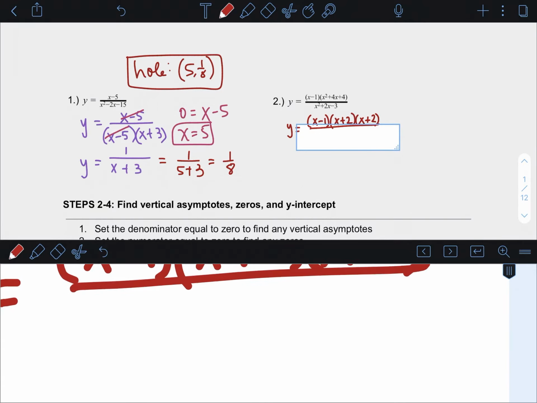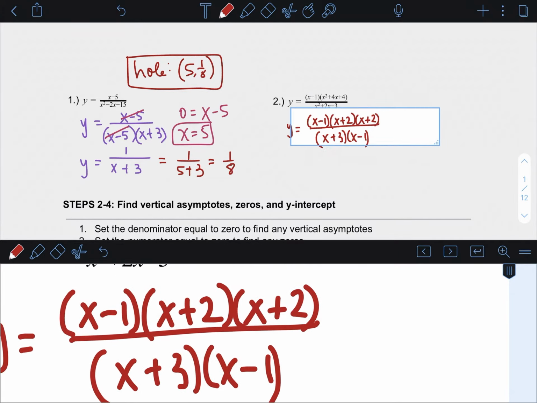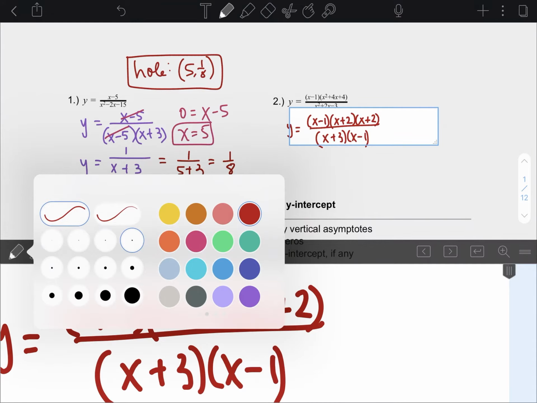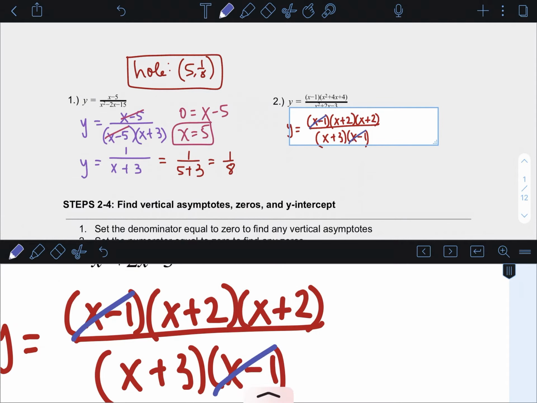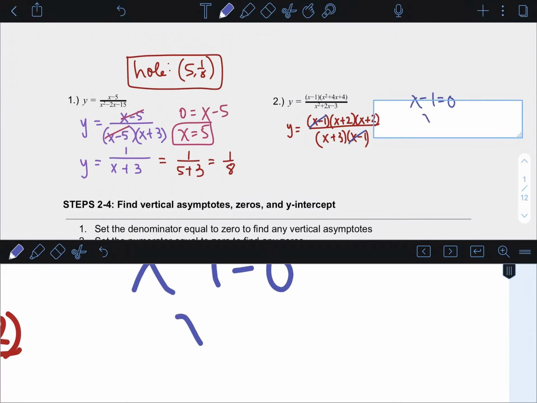And the bottom will factor to x plus 3 times x minus 1. So I can see that the x minus 1s cancel. So I'm going to set that equal to 0. Oops, that should be a minus there. And solve for x. X is equal to 1.